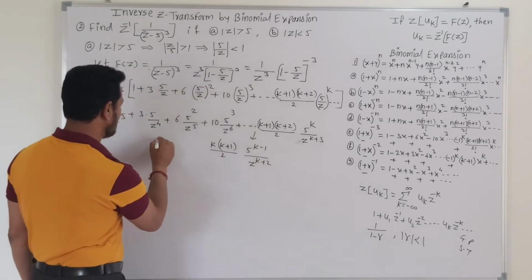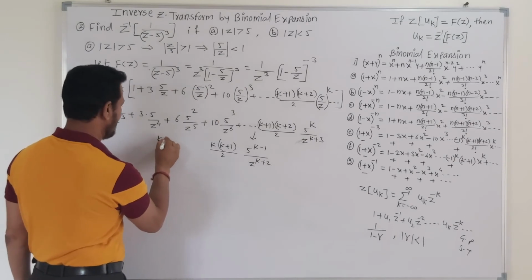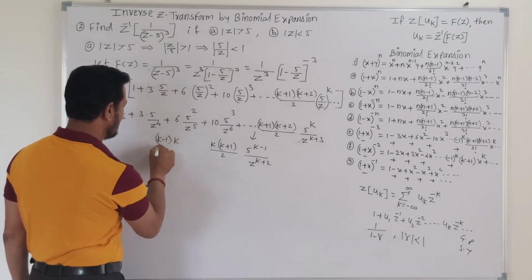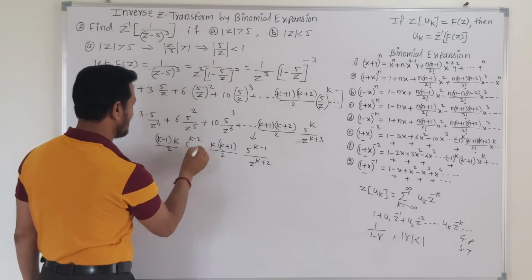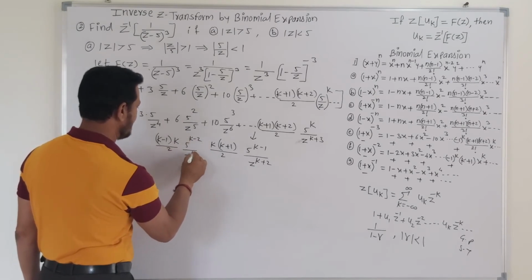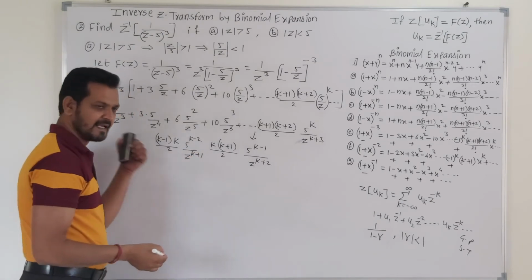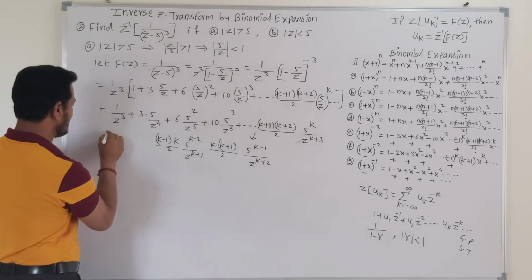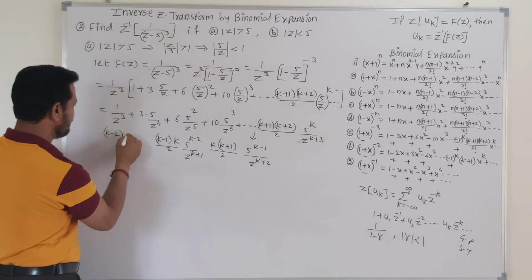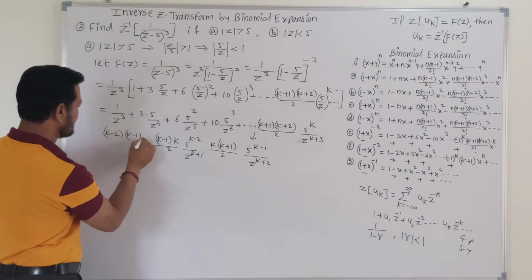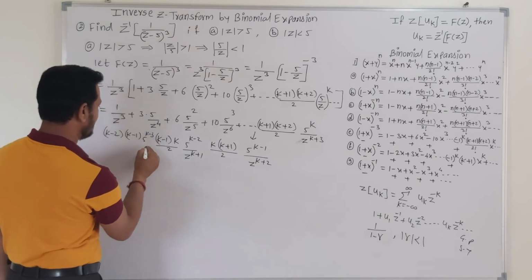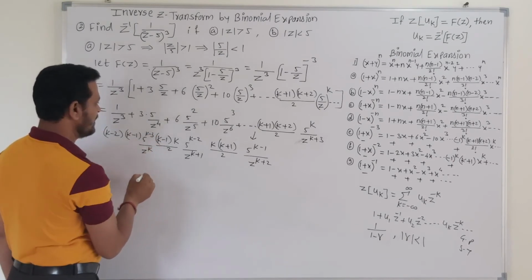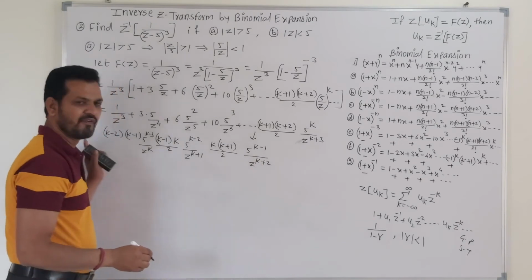Then previous to this, we write this as k minus 1, then k upon 2, then 5 raised to k minus 2 upon z raised to k plus 1. Then again one more step, we can write this as k minus 2, then k minus 1, then 5 raised to k minus 3, then upon z raised to k. So we are getting such a type of previous terms.